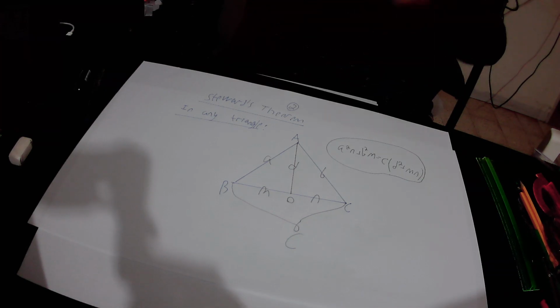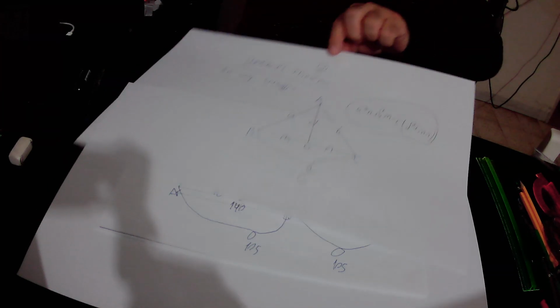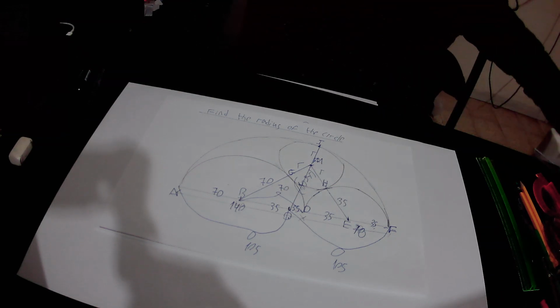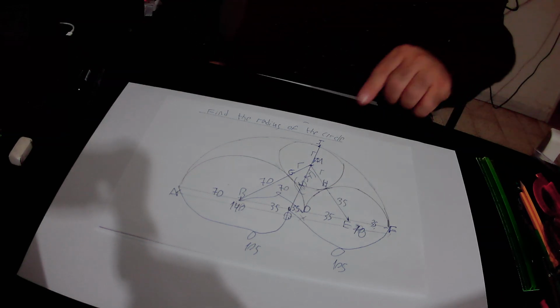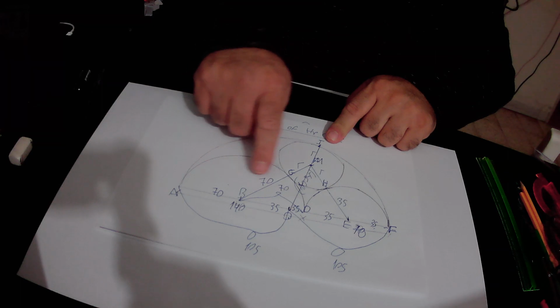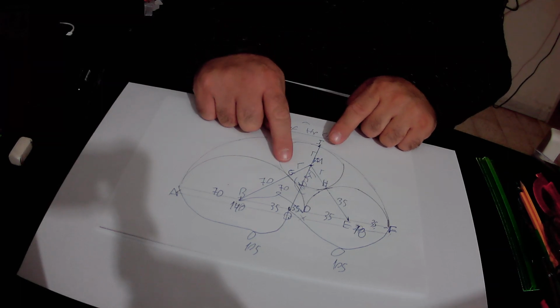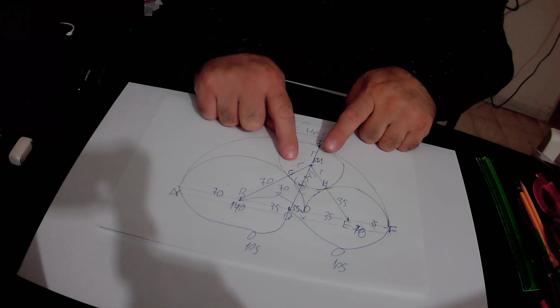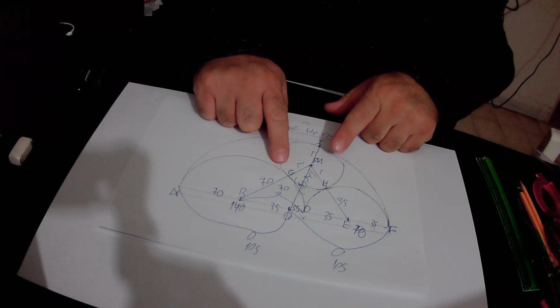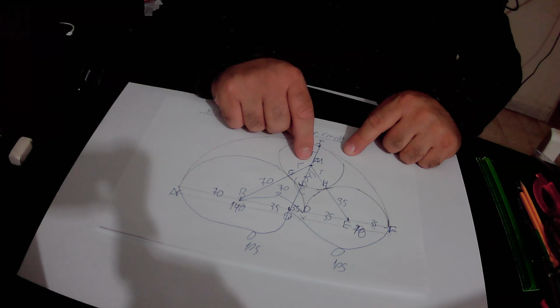Okay, we can actually implement Stewart's theorem in our drawing. Why? Because in our drawing we have triangle MBE. We know all the lengths of all the sides and line segments here, and we have line segment MO.